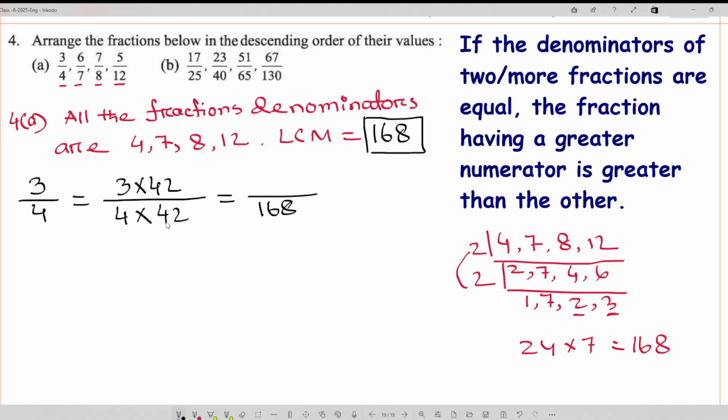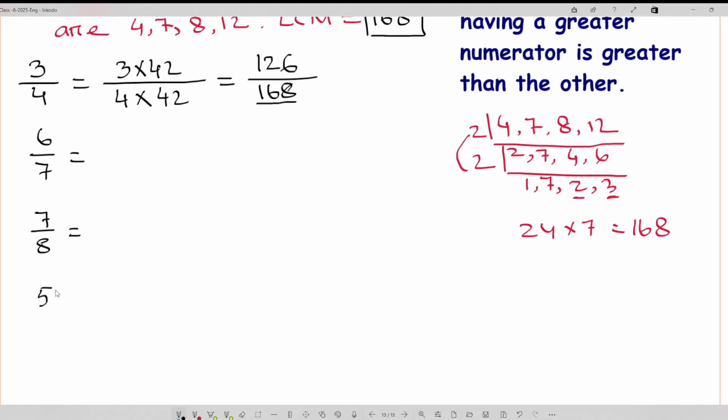So 4 times 42 is a 168, which is the common denominators, and 3 times 42 is a 126. Then 6 by 7, 7 by 8, and here is 5 by 12. 5 divide 12, right?